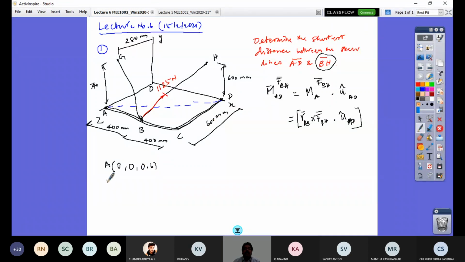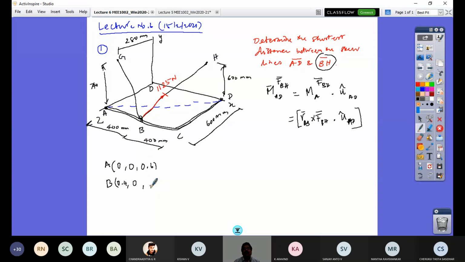What is my position vector for B, this point? It is on the XZ plane, so Y is 0. What is my X? X along this direction is 400, so 0.4, 0. What is my Z?